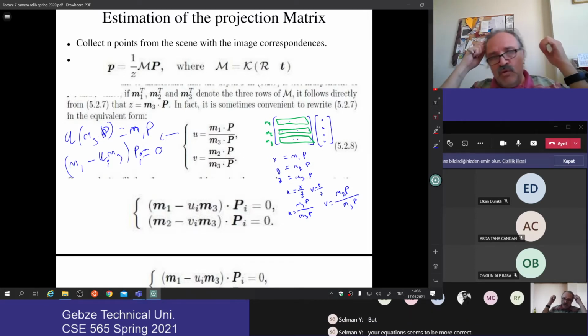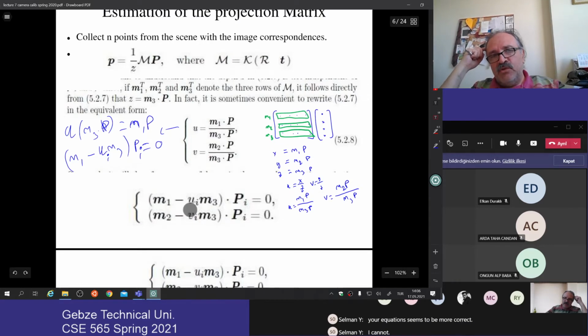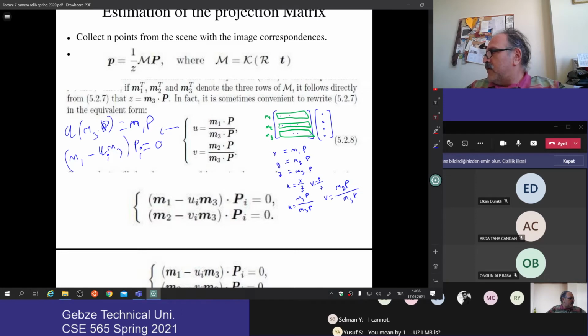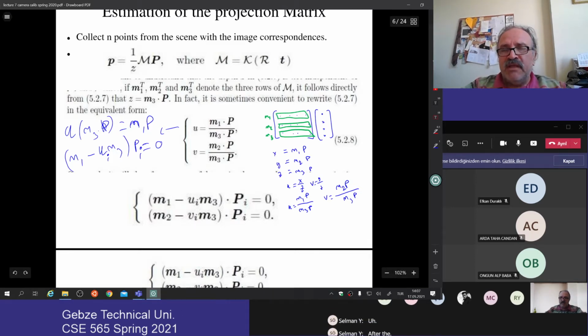I don't know. You mean M1 minus UI M3 is... You mean these are the same, so it is 0? Is that what you're saying? No.